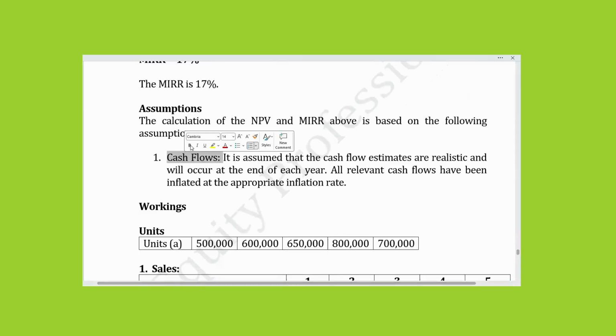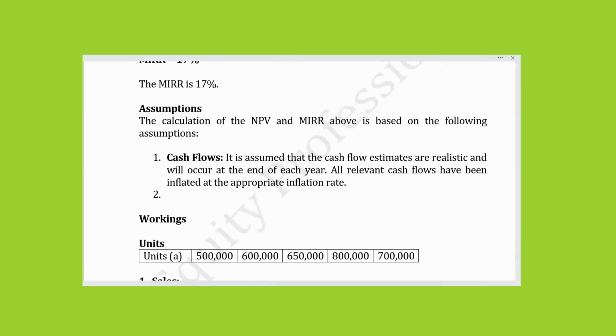What you are saying here is that you selected only the relevant cash flows, and all the relevant cash flows have been inflated using the specific inflation rates given to you. The second assumption: if in the question you are given inflation rates, you comment on inflation. If you are given taxation, you comment on the tax rates. If you have any other assumption in the question, you comment on them.